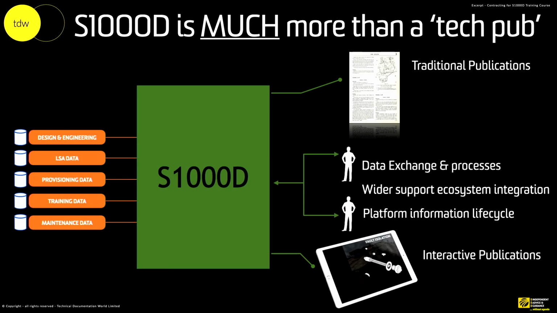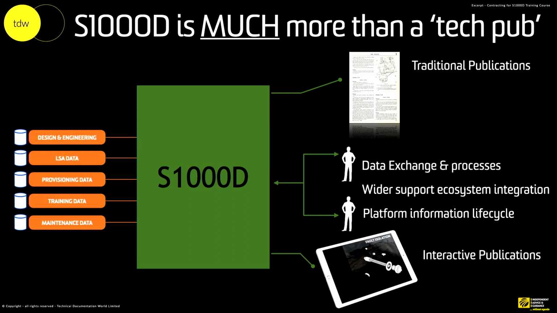So from an S1000D perspective, we have the ability to go out to a traditional technical publication for sure, but we have all of these different domains and silos that feed into our technical publications. Yes, we do that on a traditional technical publications methodology as well, but not necessarily in such a process-driven way.